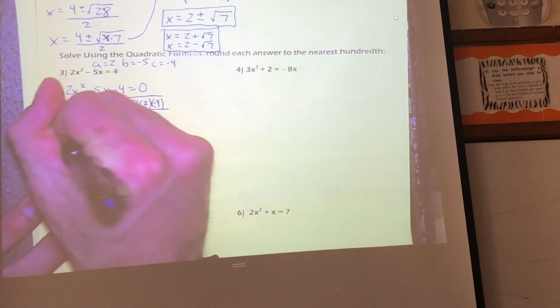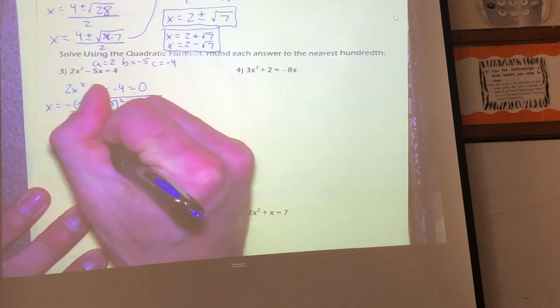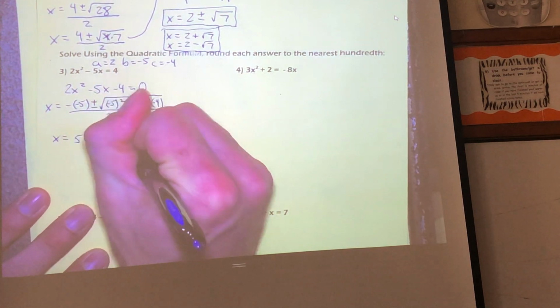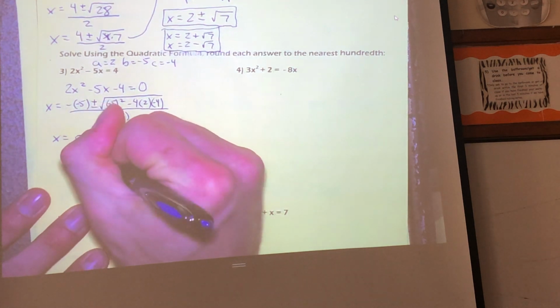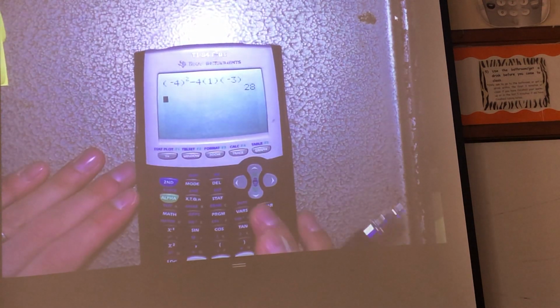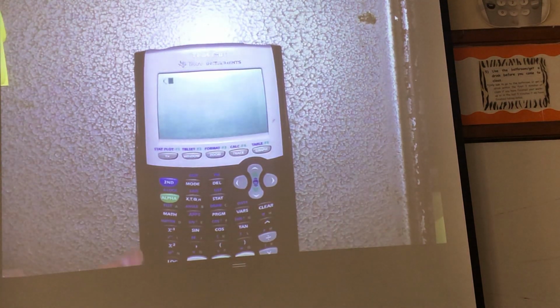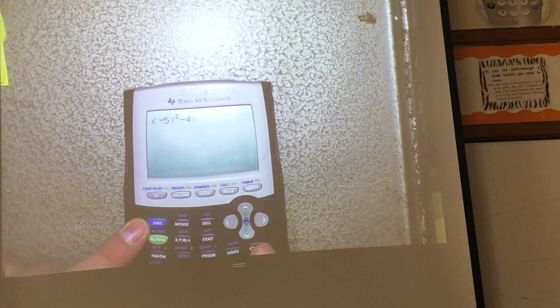So we're going to start to simplify. Negative of negative 5 is 5, plus or minus. 2 times 2 is 4. Once again, we're going to plug this into our calculator. I have negative 5 squared minus 4 times 2 times negative 4.